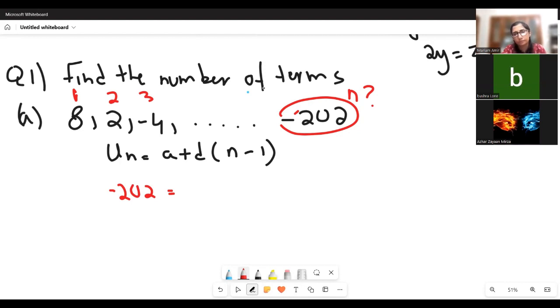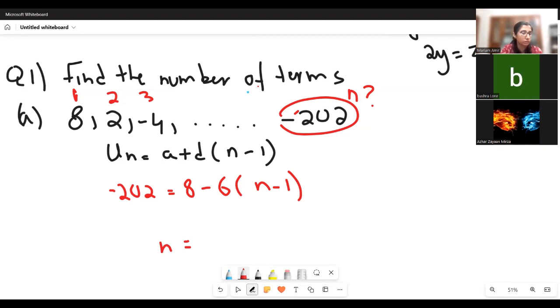What's a? The first term is -8. Azhar, a is the first term, d is the common difference, -6. Okay, now please use the algebra that you know and give me the value.